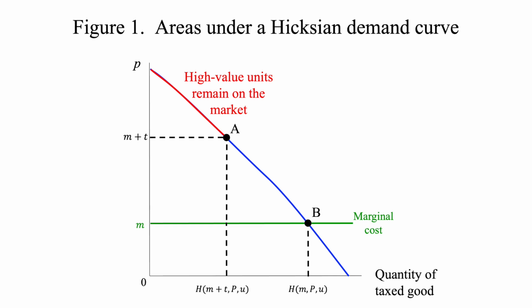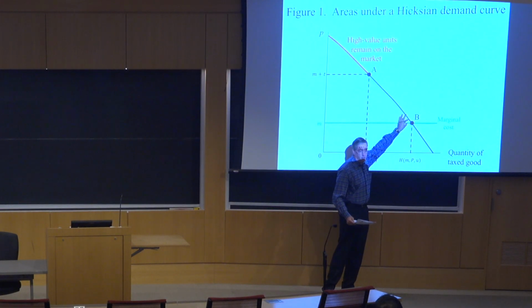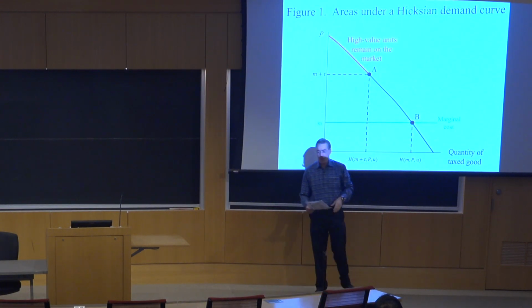One thing that happens in this model of how people respond to taxes is that the high value units remain on the market. That's the other side of the coin, and I just said that small taxes eliminate transactions from the market that really weren't worth much, had very little surplus. It eliminates these transactions over here that have this small gap between marginal benefit and marginal cost.